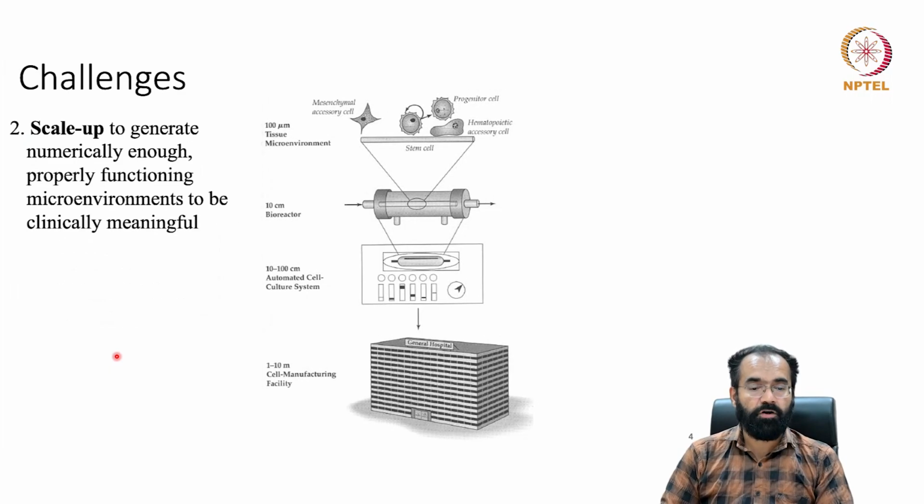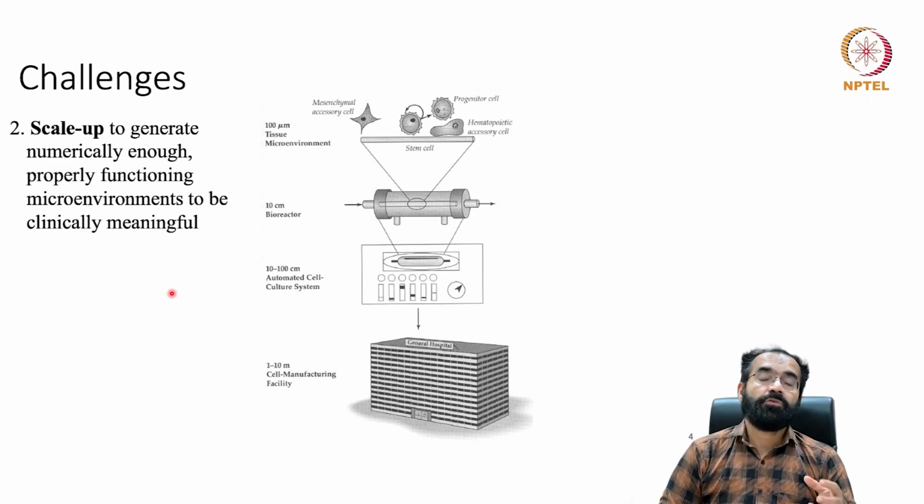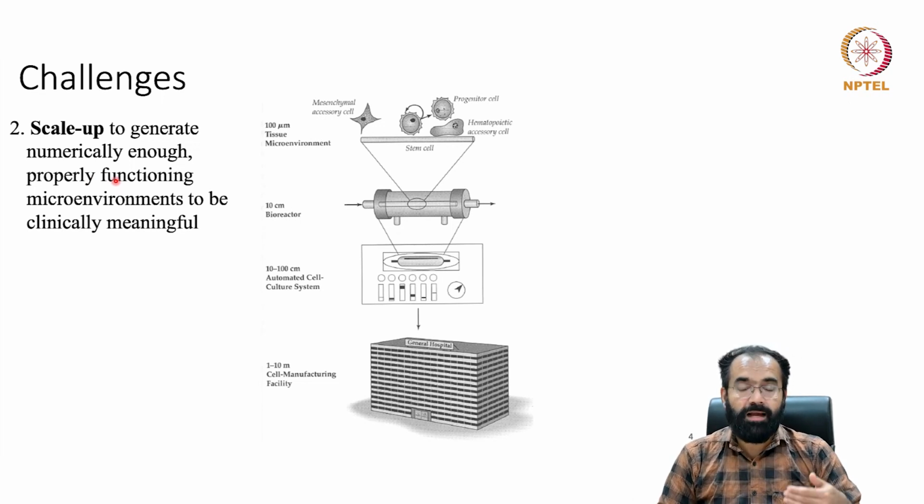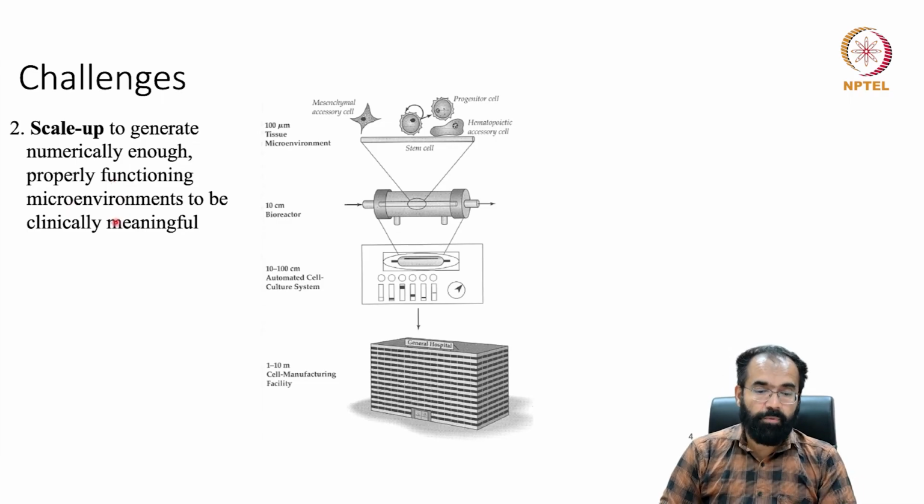Now the question is, once you set up the microenvironment, how nicely can we scale it up? We have to generate numerically enough, or it should be viable enough or scalable enough. A properly functioning microenvironment has to be established.